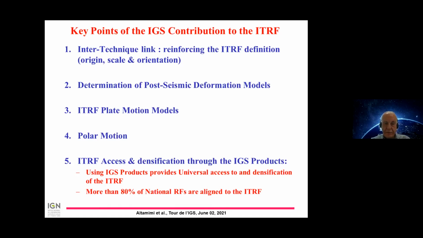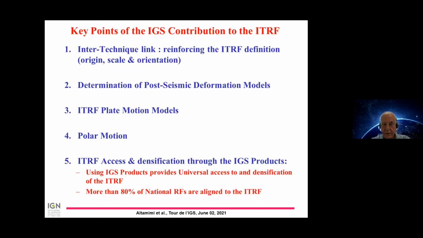The third contribution is to the ITRF plate motion models because of the density of the IGS stations around the world covering most of the major tectonic plates. The IGS contribution to polar motion is fundamental because, from the results of the ITRF solution so far, it is the most precise polar motion result.